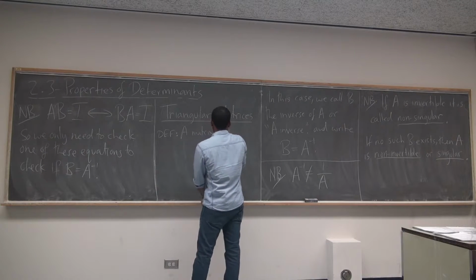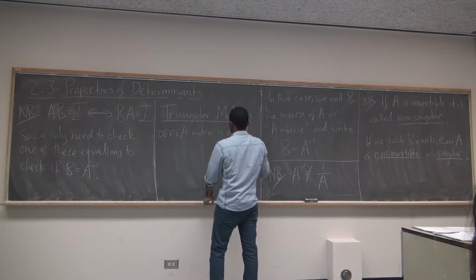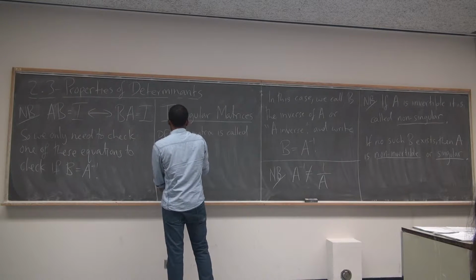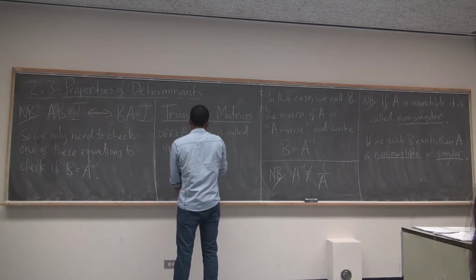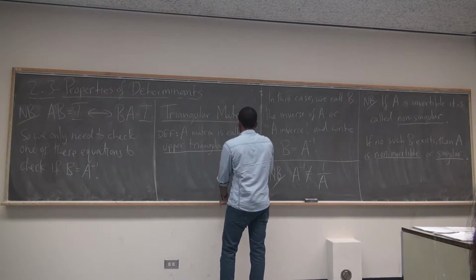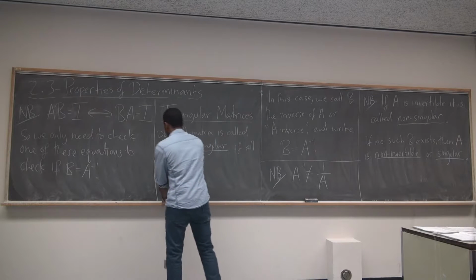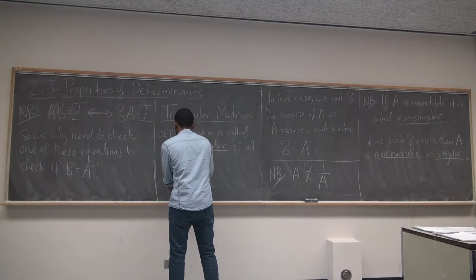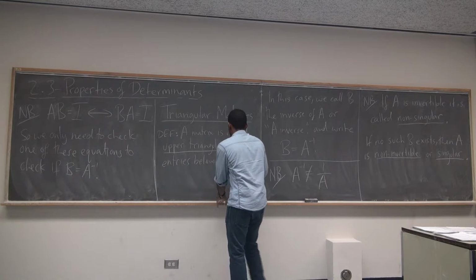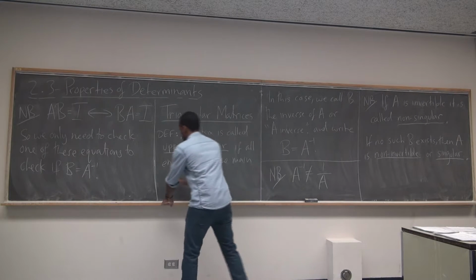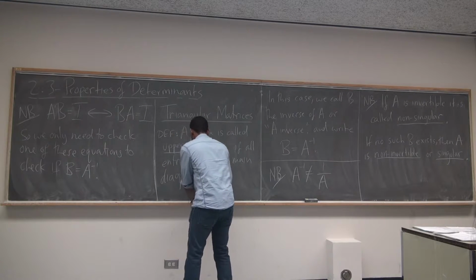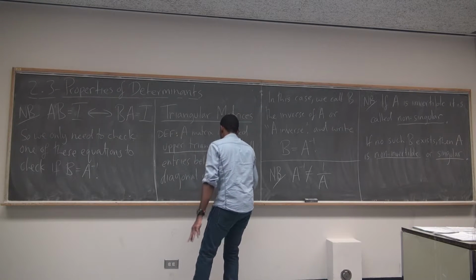a matrix is called upper triangular if all entries below the main diagonal are 0.